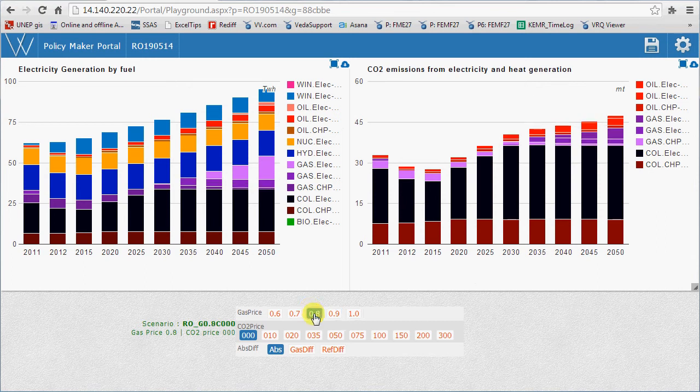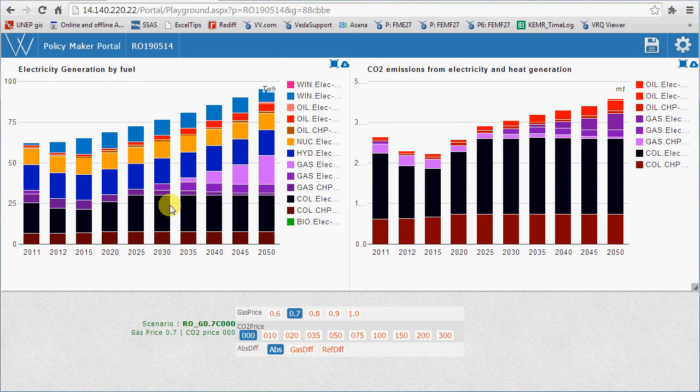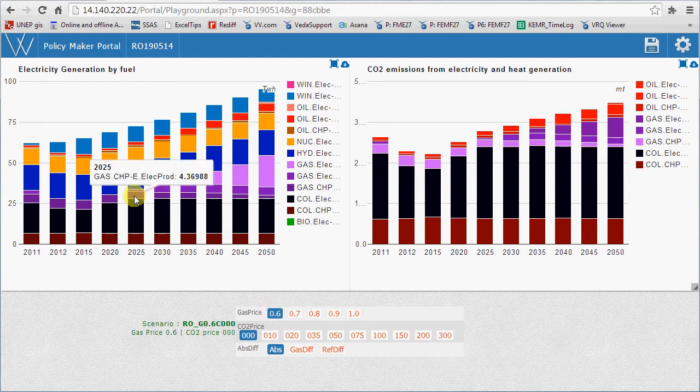Another reduction to 80%, same story. Now you start seeing changes in 2030 as well, and some changes here. So basically you see some coal being replaced by gas as the price falls.